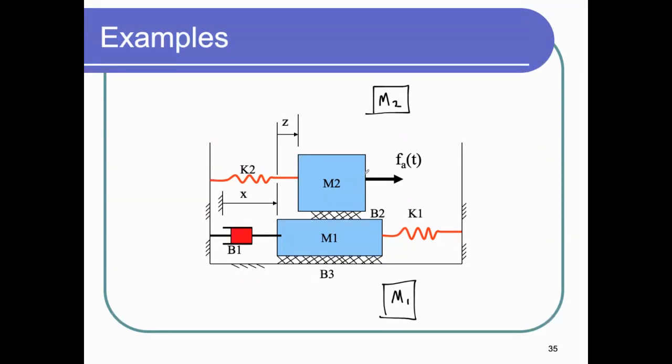So let's draw the forces, and then we can talk about the equations. Okay, so what are the forces to the right of M2? We have Fa, the applied force. Anything else to the right of M2? No. Okay.